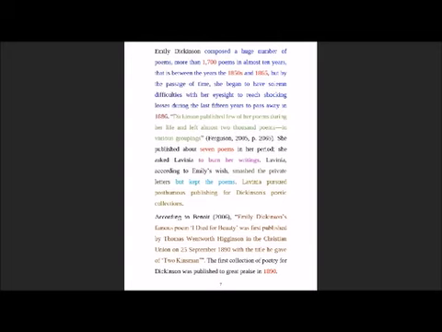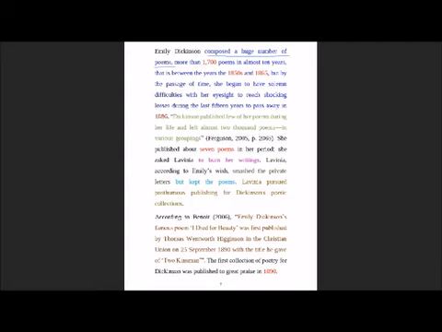Emily Dickinson composed a huge number of poems. This part is of great importance because now we are dealing with the production of the person. We have some ideas about her life, her growing, but that is not of great importance. What is very important for us is when we deal with literary concepts, literary ideas, and literary production, the person's production in literature.